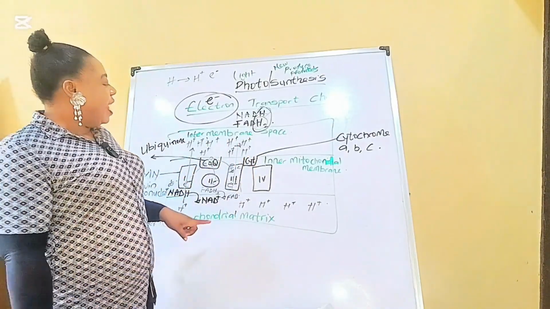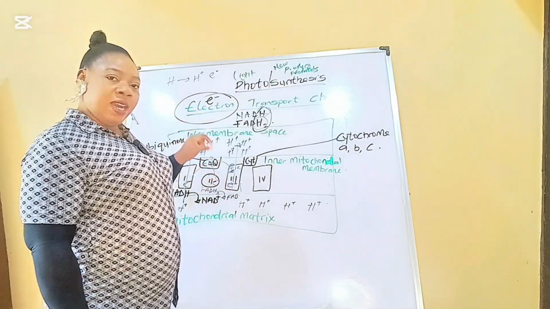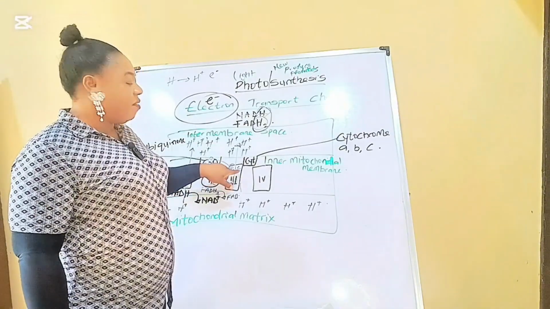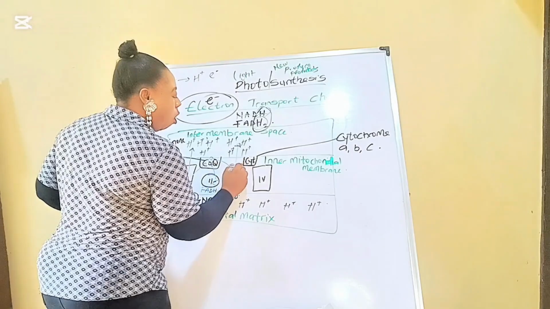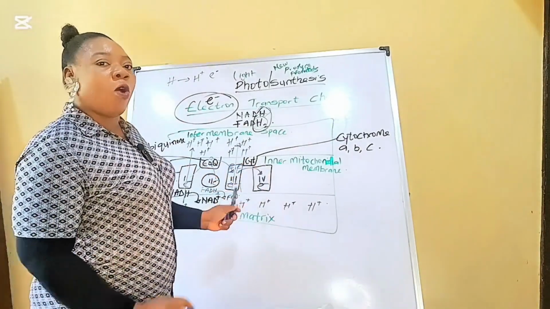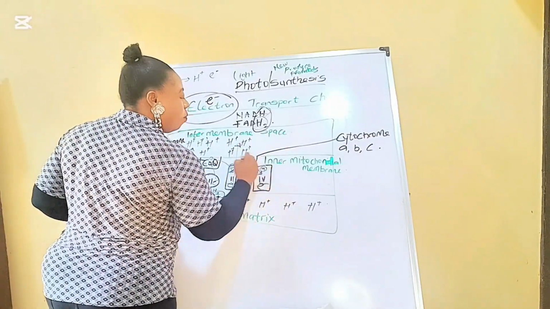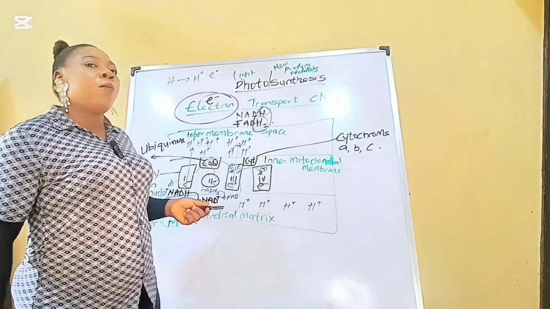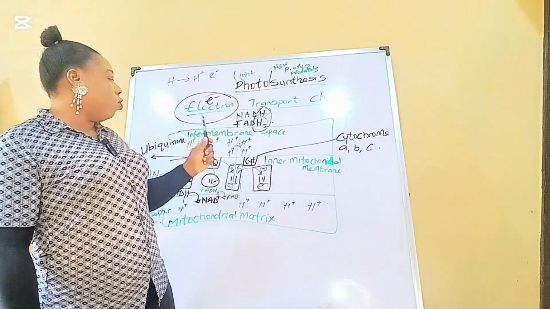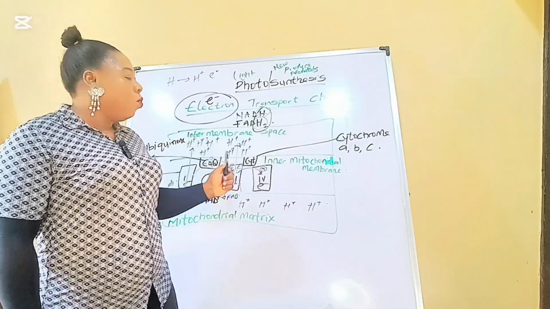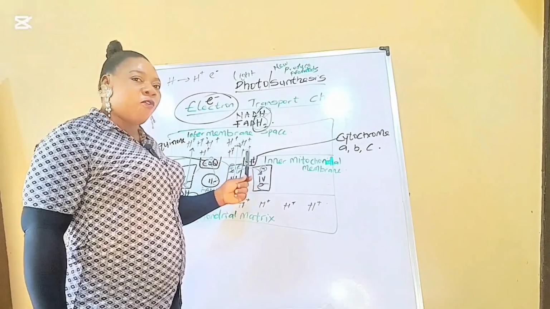So now the electron will move from complex 3, where we also have cytochrome C, to complex 4. Electron is now in complex 4, and in complex 4 we have cytochrome A. The electron coming from complex 3, which first enters cytochrome B and transfers into cytochrome C, now moves to complex 4 and stays in cytochrome A of complex 4.